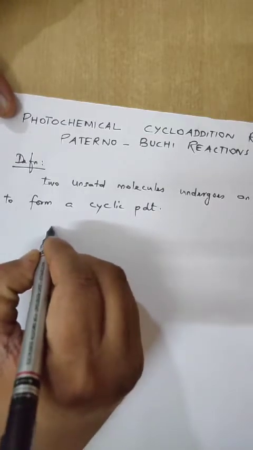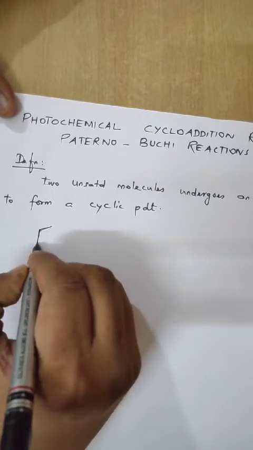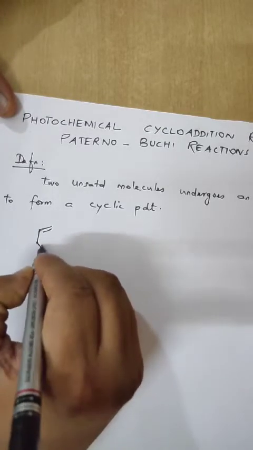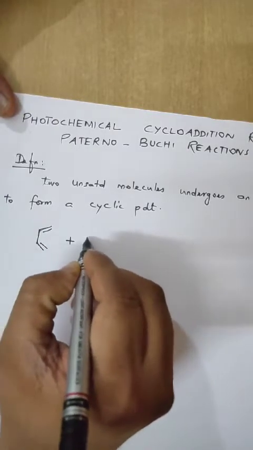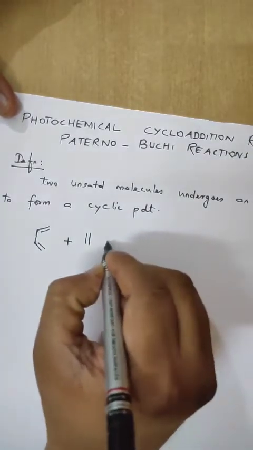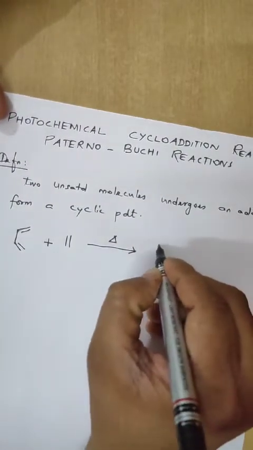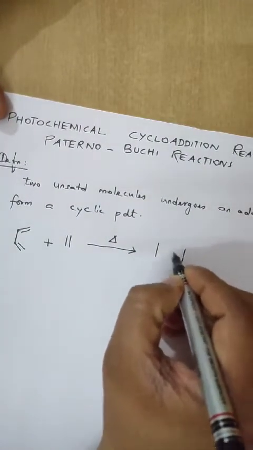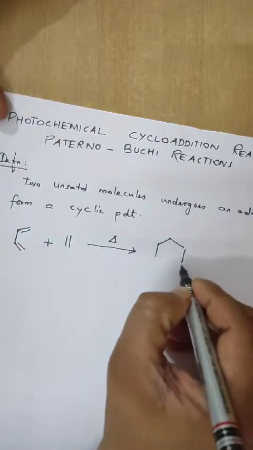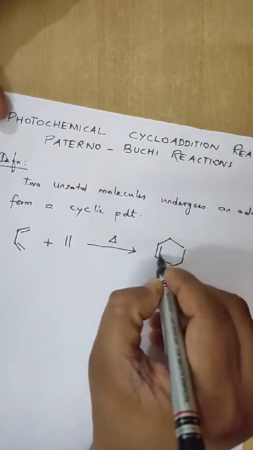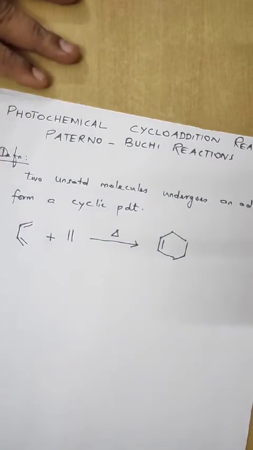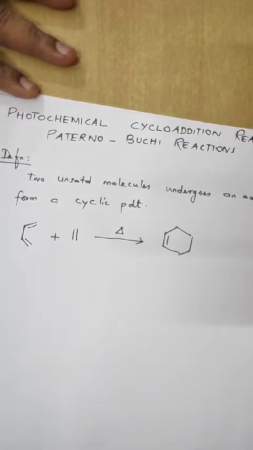Now you take this alkene. If you heat this reaction, it forms this type of cyclic product. This is a cycloaddition reaction example.